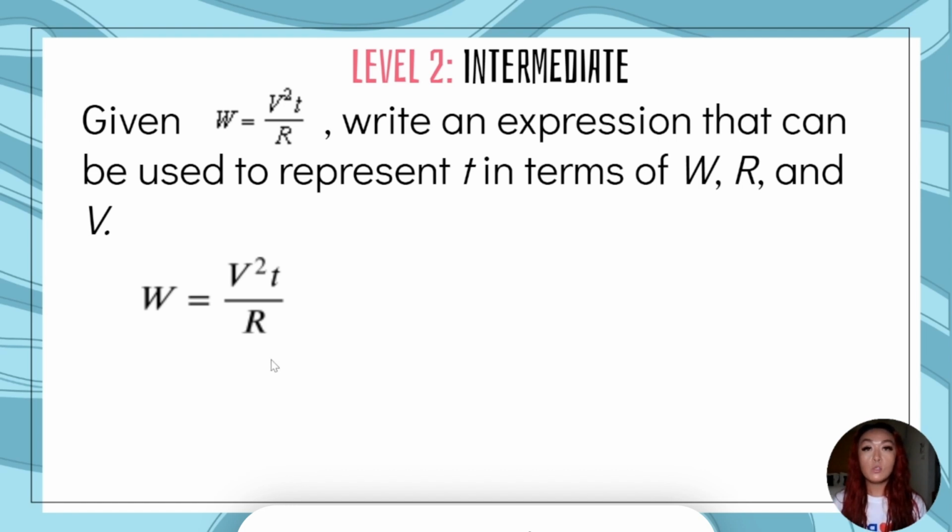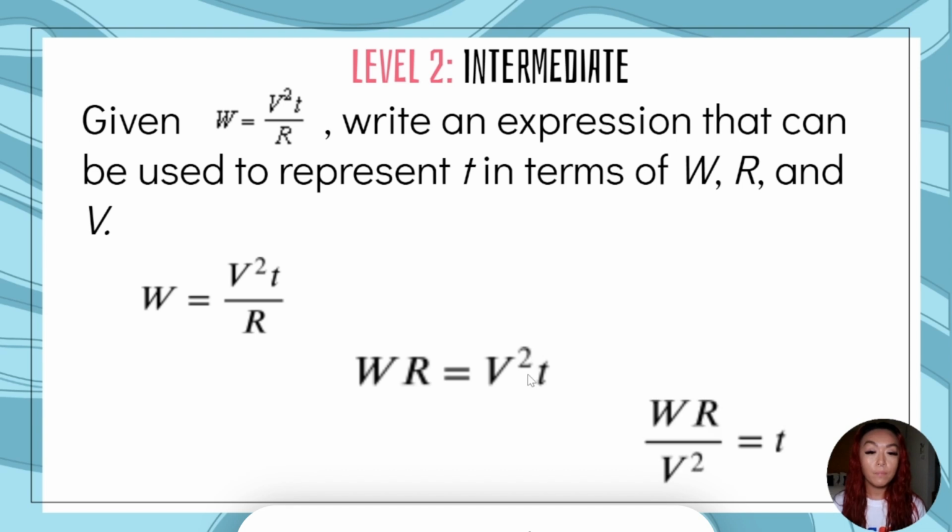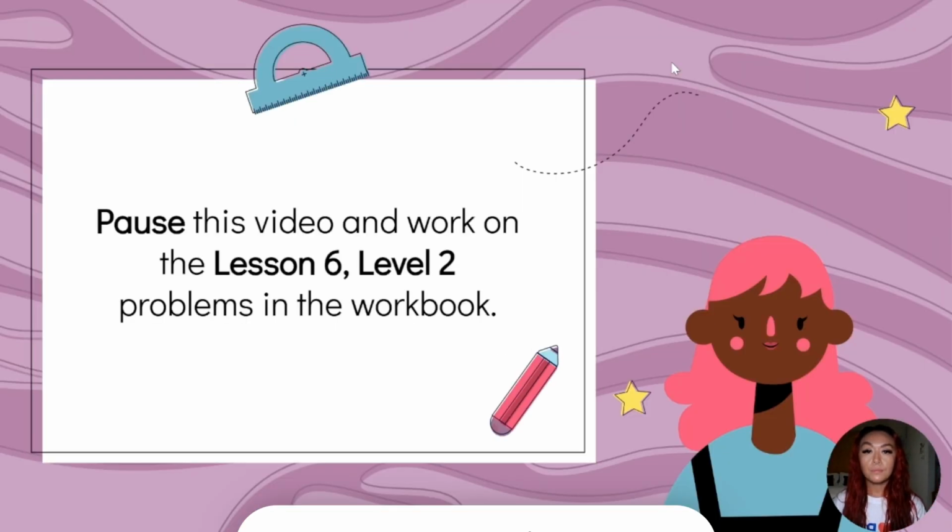Since V squared T is being divided by R, we'll multiply both sides by R, and we get WR equals V squared T. And now all we have to do is divide by V squared, and we get WR over V squared equals T. And that's it, right? It's just your inverse operations, and now our answer is going to be all variables. Please pause this video and work on the Lesson 6 Level 2 problems in the workbook.